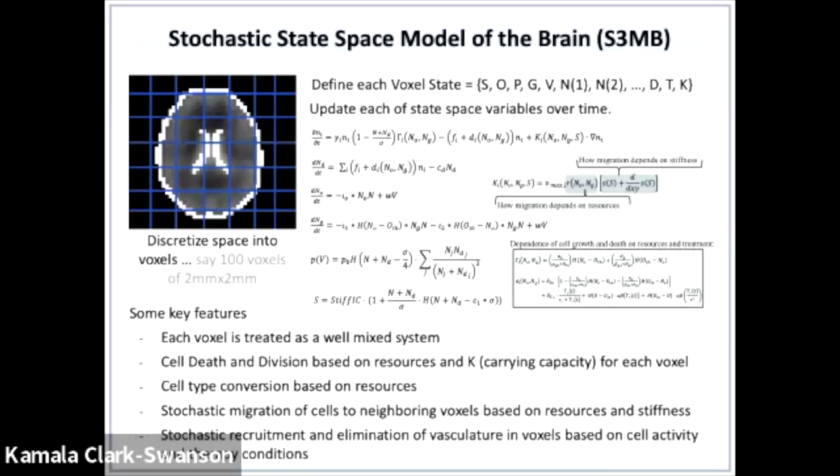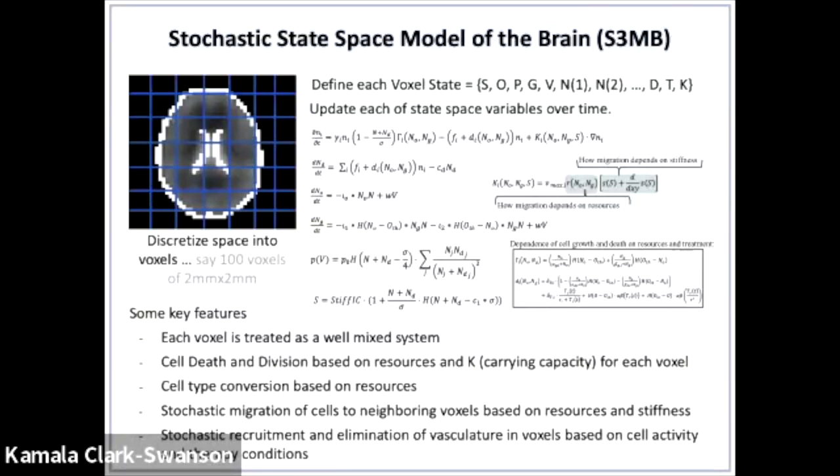Your cells can also convert: if you starve them of resources, they have a higher likelihood of gaining ploidy. If they're stressed, you have stochastic migration of cells from one voxel to another based on resource availability. This is biphasic, and we'll talk about that on the next slide. It's also based on the stiffness of the environment they're going to or are in, what they prefer.